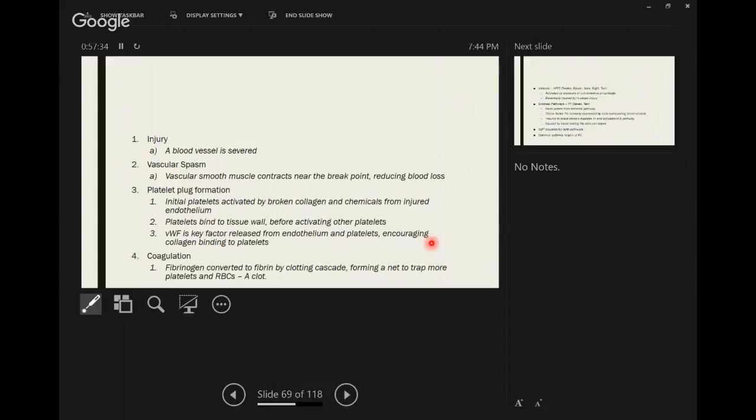Those platelets bind to the tissue wall and activate other platelets, which bind to the tissue wall. Von Willebrand factor is key. It's released from the endothelium and from the platelets, and encourages collagen binding to those platelets.